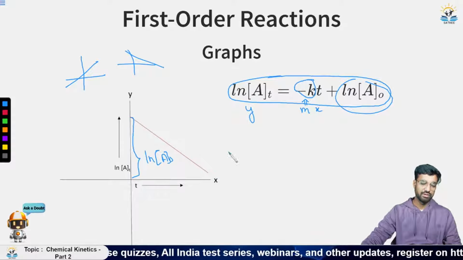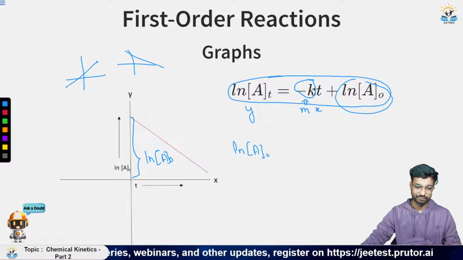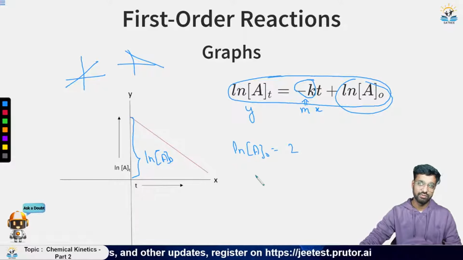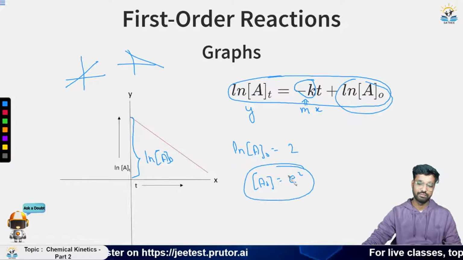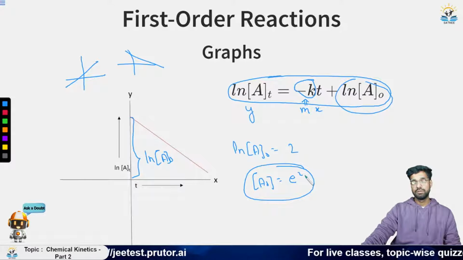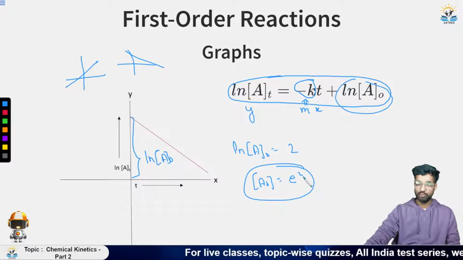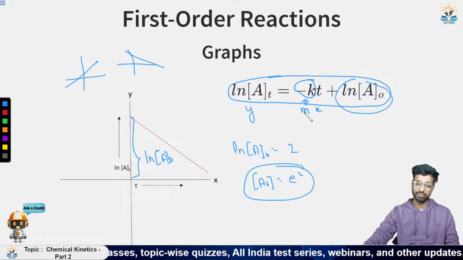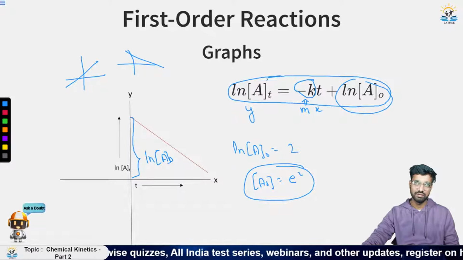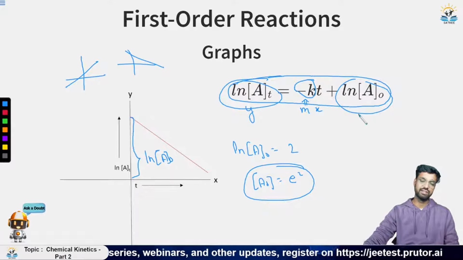And suppose some value is given of this intercept, say we have 2, then A naught will be equals to e to the power 2. So you should keep this thing in mind. Many times the graph is mentioned, the slope is mentioned, and you are asked to find the rate constant, so you can just find it easily. If you have this At and A naught, then you will put this k and you will find the rate constant.